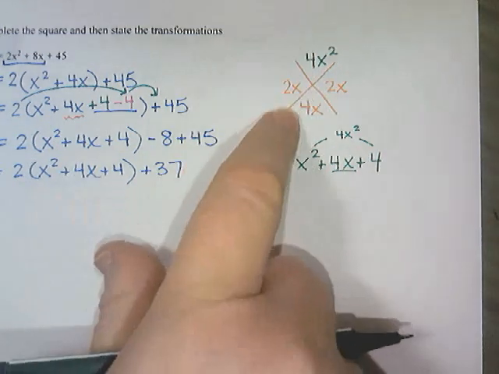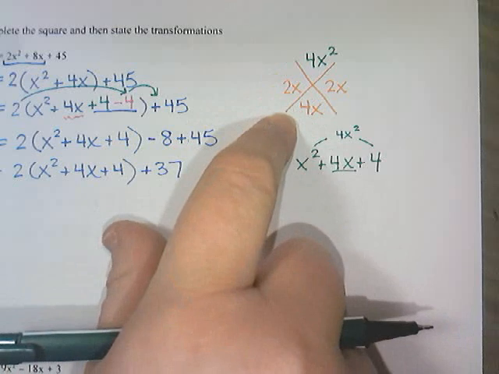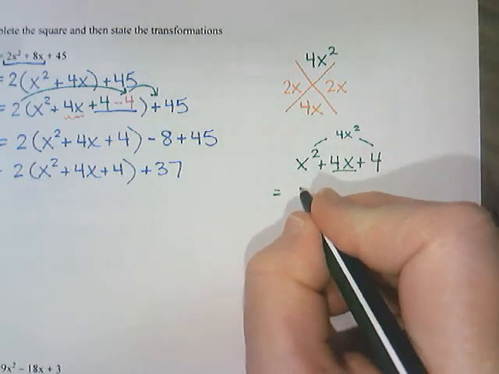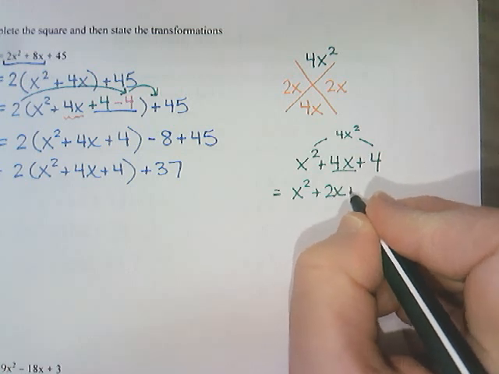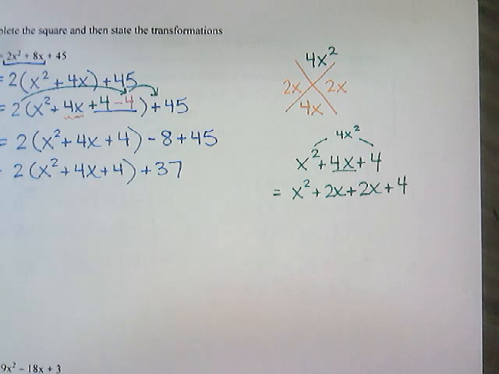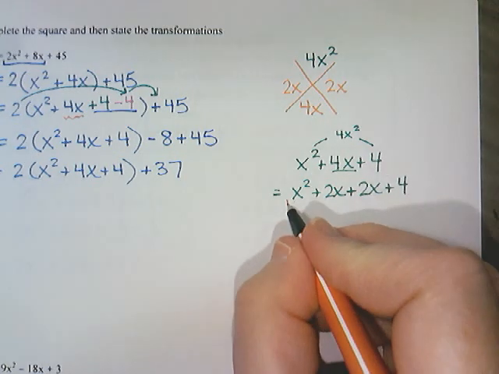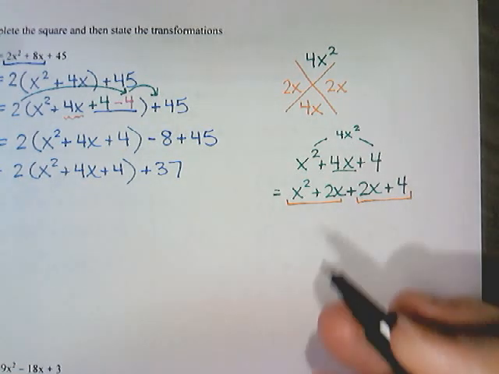Now, conveniently, I already know what they are. It's 2x and 2x. I figured it out earlier. So this is going to be x squared plus 2x plus 2x plus 4. And then I will group my x squared and 2x and my 2x plus 4.